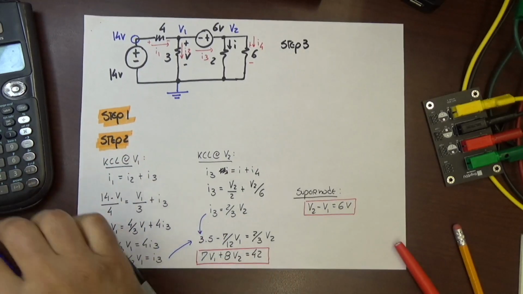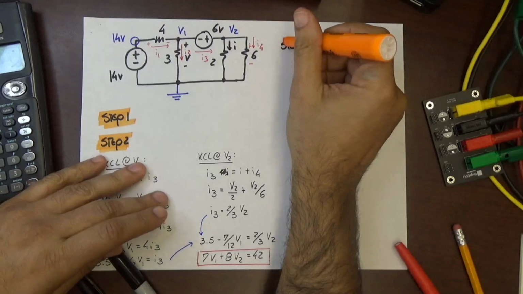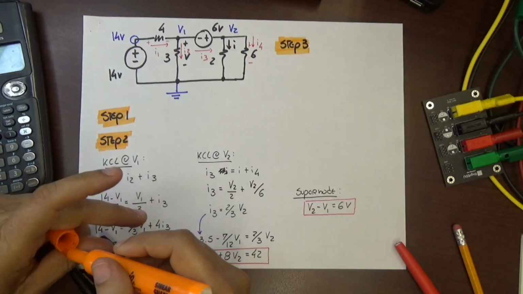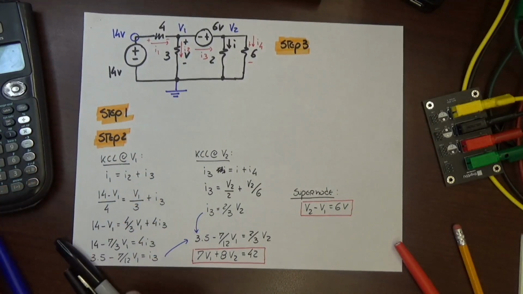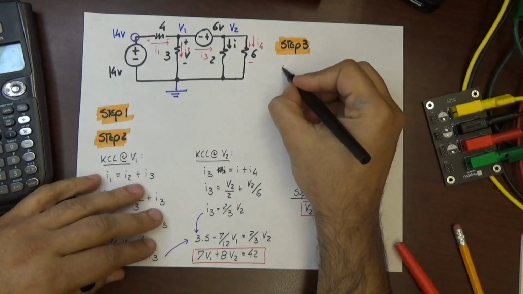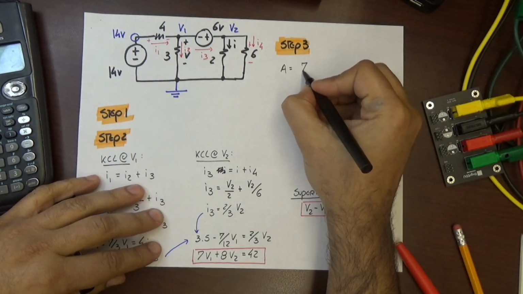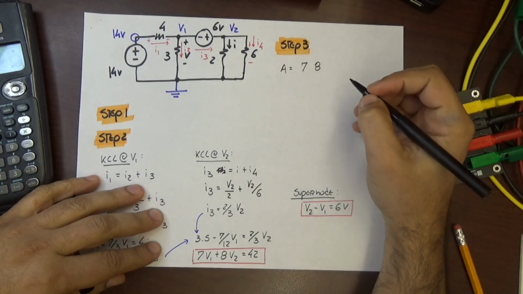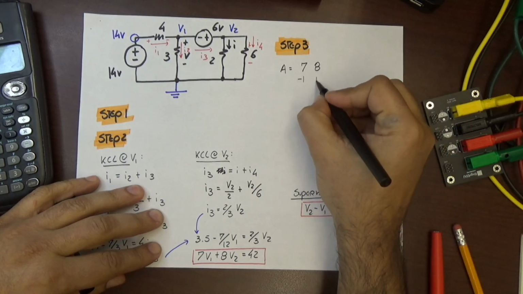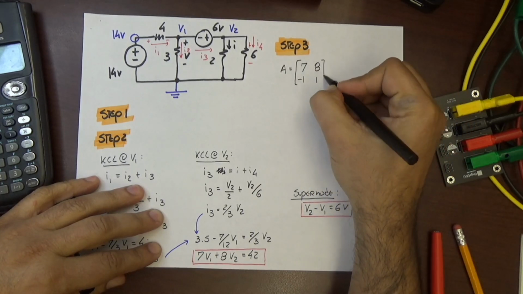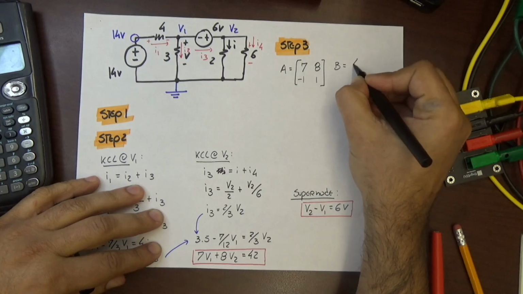And I'm going to write those equations in a matrix form. So I'll have the matrix A, which is equal to 7, and then 8, and then minus 1 and 1. And B is going to be equal to 42 and 6.